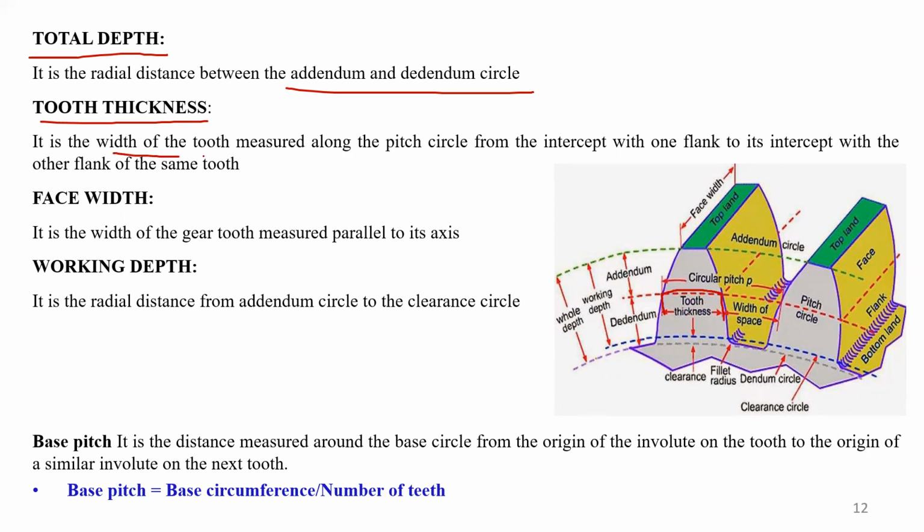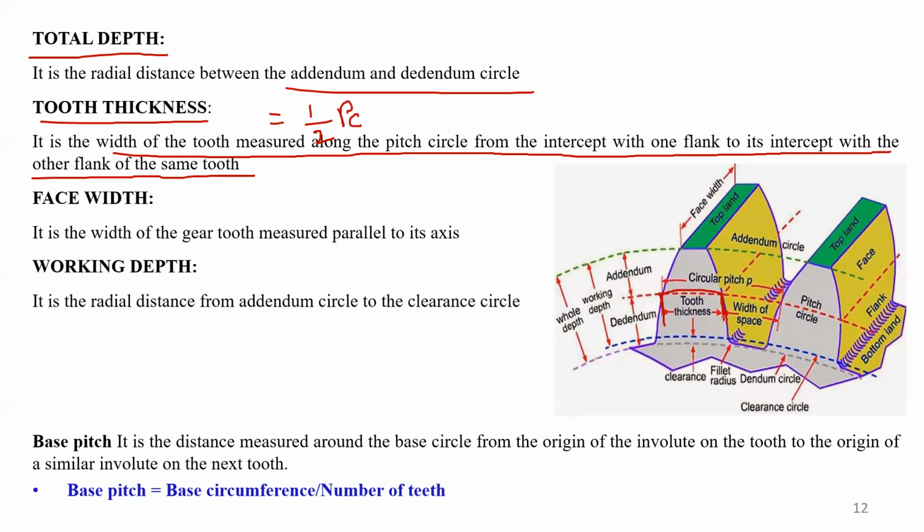It is the width of the tooth measured along the pitch circle from the intercept with one flank to its intercept with the other flank of the same tooth. So this distance is called the thickness of the tooth. This is half of the circular pitch.